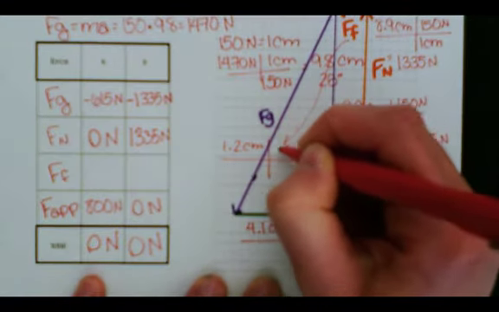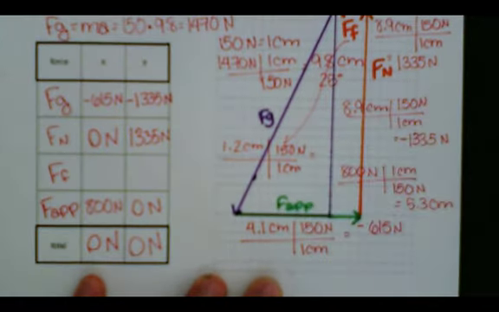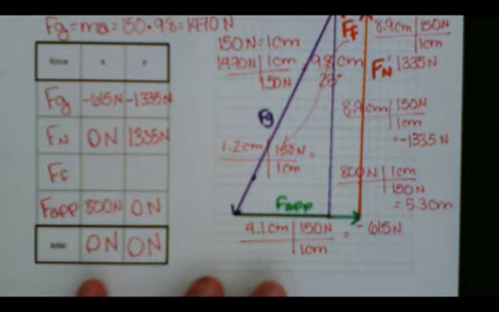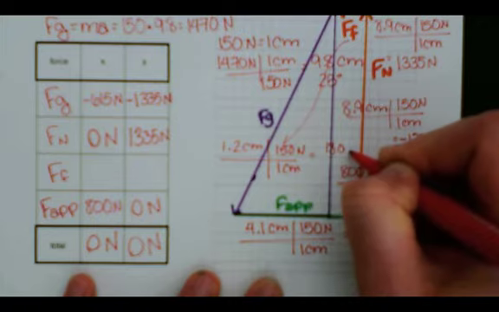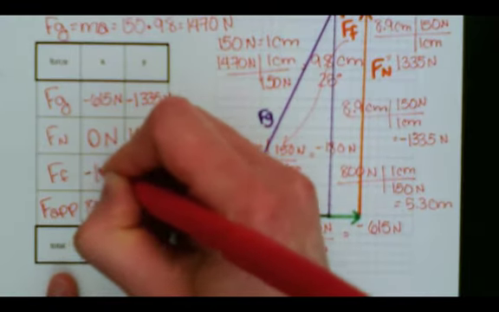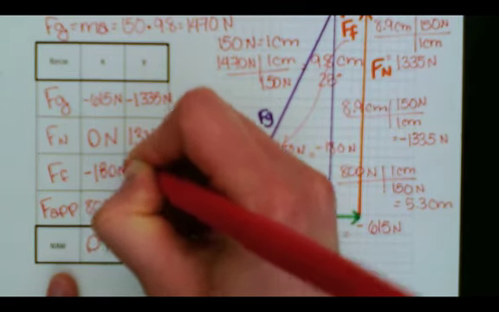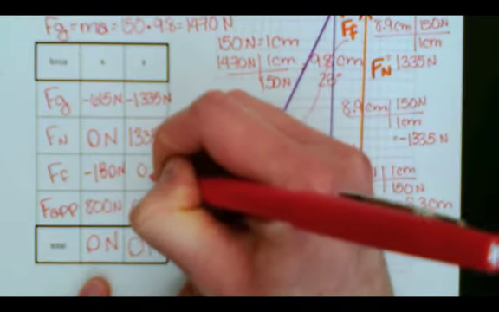Using my conversion factor that 150 newtons equals 1 centimeter, I obtain a value for my frictional force of 180 newtons. Because this force acts to the left, the value is negative. The horizontal component of my frictional force is negative 180 newtons. Because it only acts in the horizontal direction, the vertical component of my frictional force is 0 newtons.